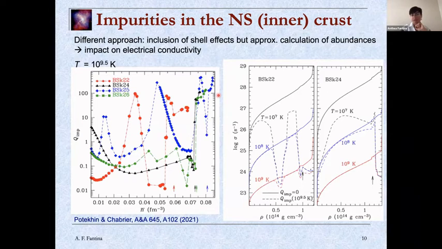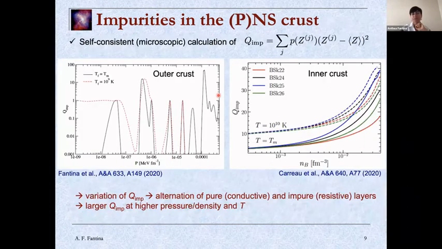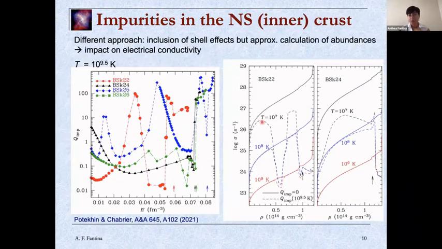The idea is always the same: you see this oscillatory behavior of the impurity factor. And what I would like to point out is the effect that you can have on transport coefficients, specifically here, the electrical conductivity.